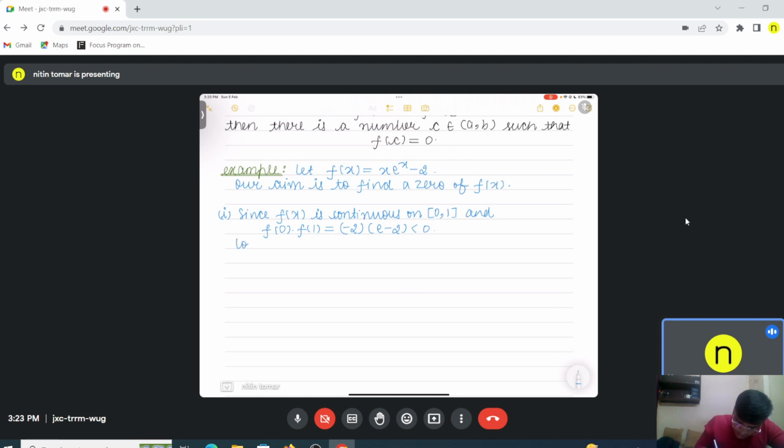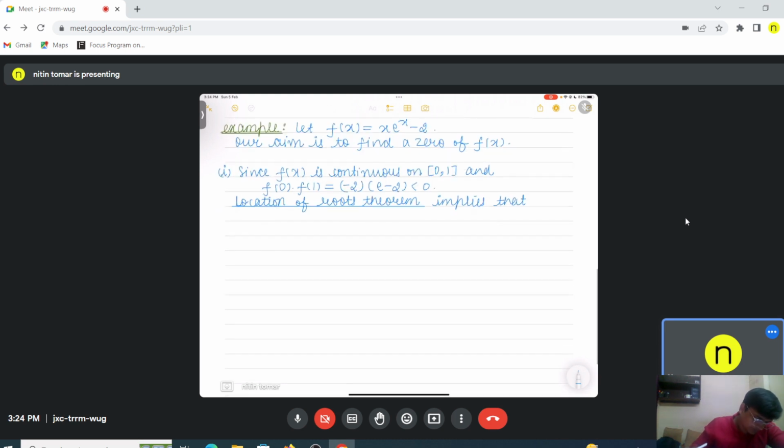So the location of root theorem implies that a 0 of f of x lies in this interval, 0 comma 1.